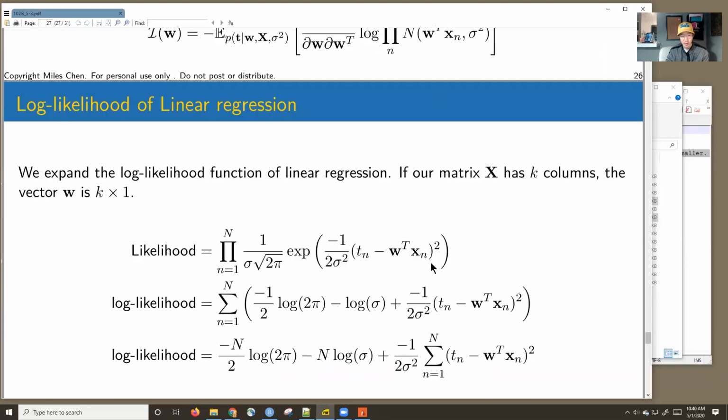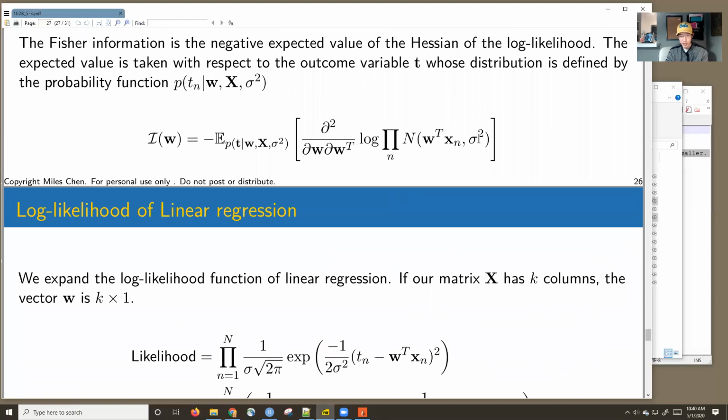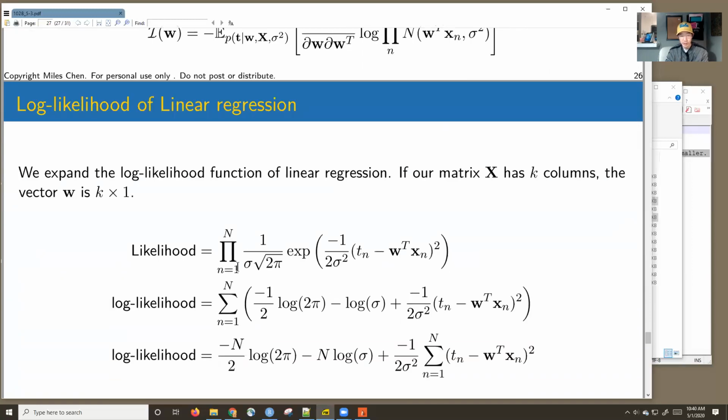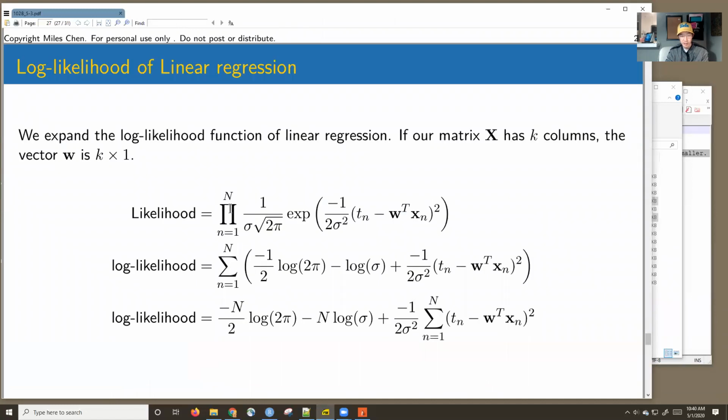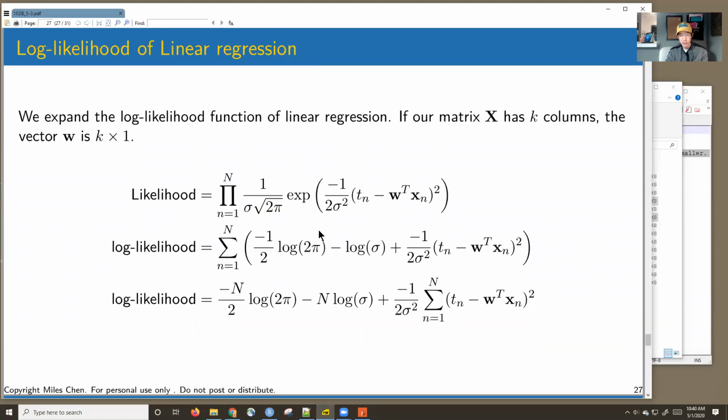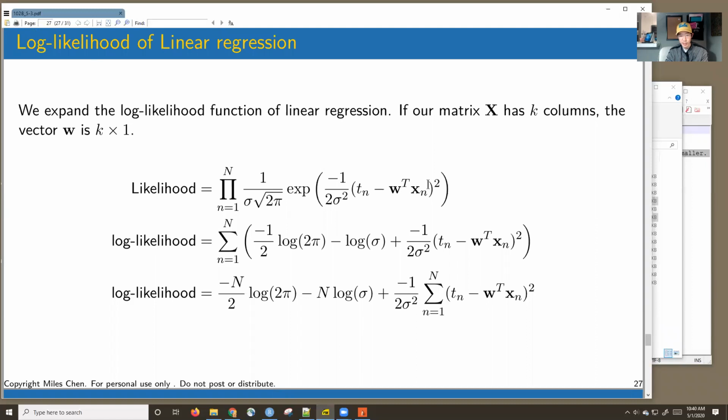And so we're going to expand this. We expand the log likelihood of the linear regression function, and we get this. The likelihood is basically the product of all of our normal PDFs, and we saw this a couple lectures ago.